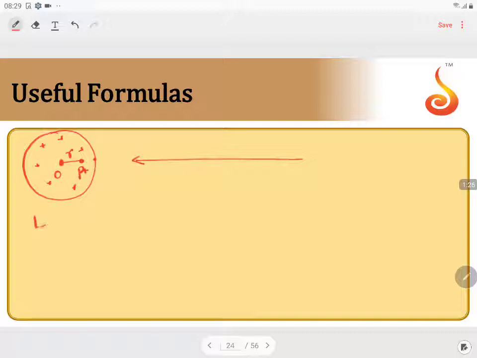So the electric field outside this solid non-conductor will be equal to kq by R square, and electric field inside will be kqr by R cube.